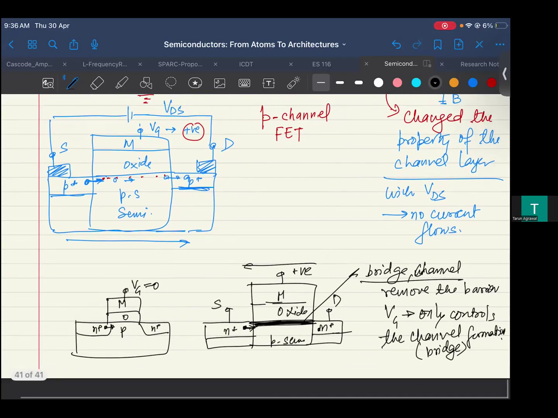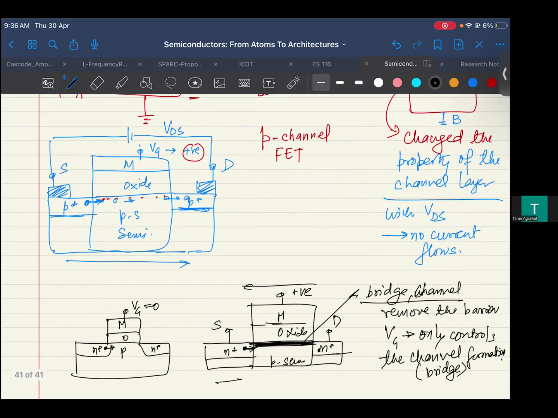What flows the current in this is the source and drain. So we understand that VDS is responsible for the current flow, right? That is what we see.